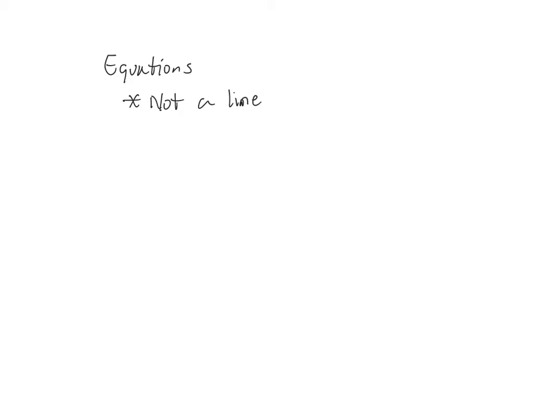So if it's not a line, like what we don't want to see: it's not a line if you see any exponents, if you see any square roots, let me bring that down to the next line.